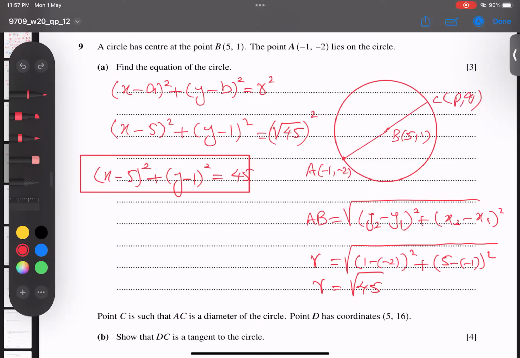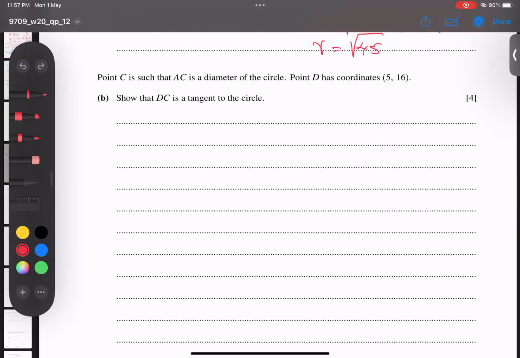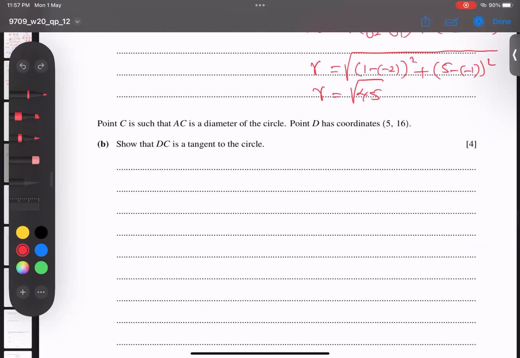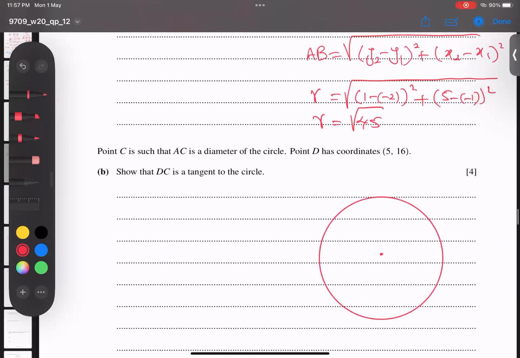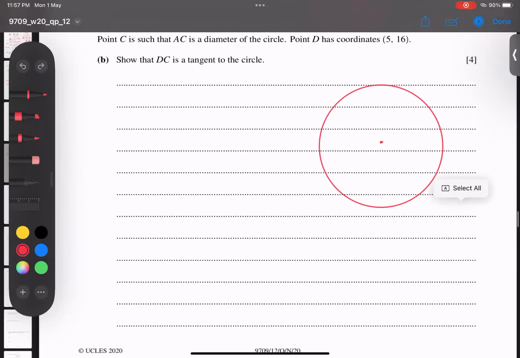And I think this next part, we have to draw some accurate diagram, close to accurate, and 5, 16. So have a look. And this is the center, you know it already, center 5, 1. So x is 5, y is 1.